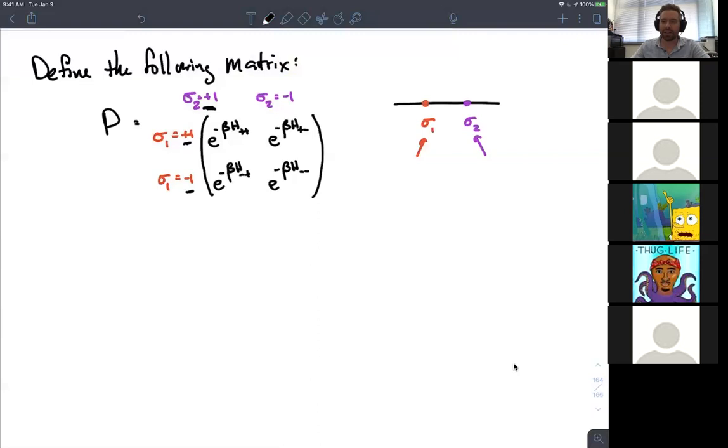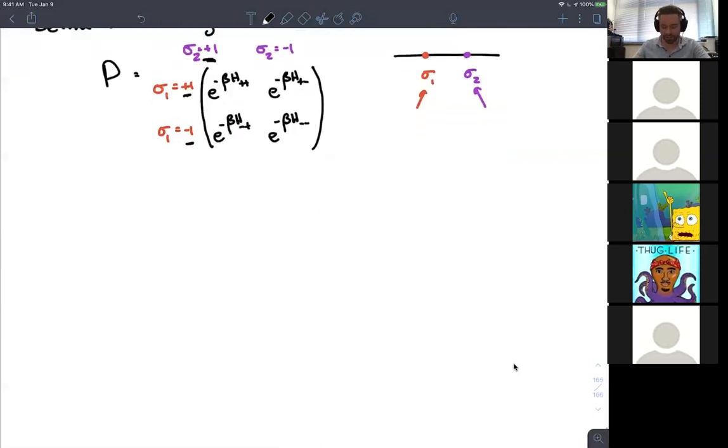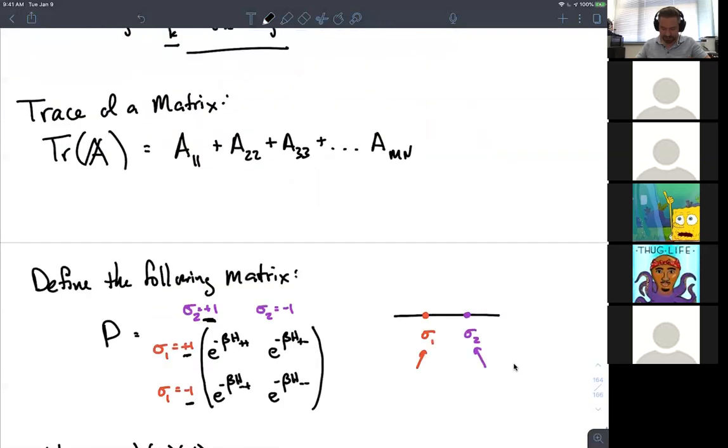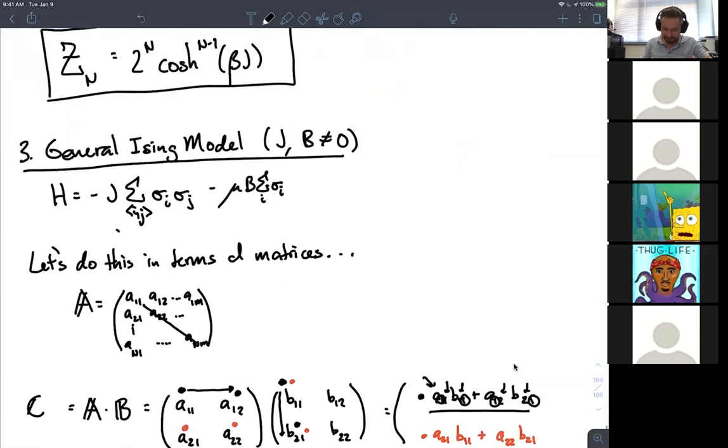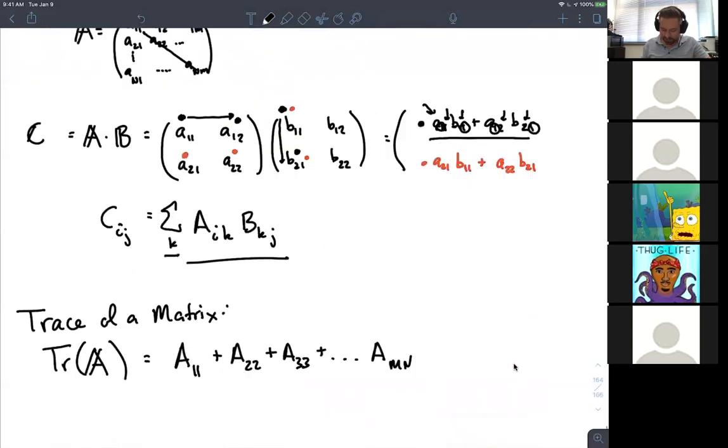Now you ask, what are these h++ things? Let me just write them down for you. What I am defining as h++, for example, is this. It's minus J, where both of the spins are up. That's just exactly writing down this, right? Now I'm going to make a little bit of a change to what that term looks like.